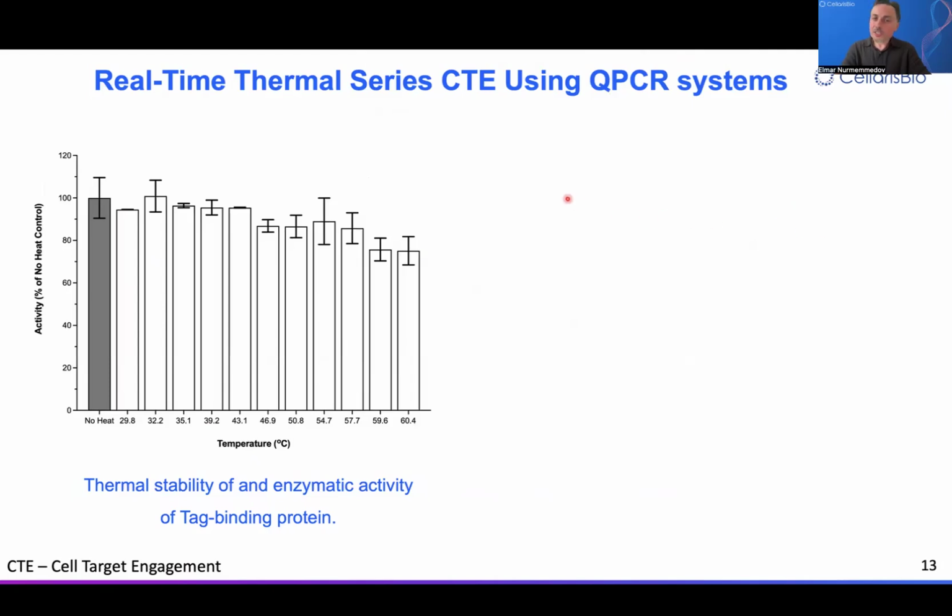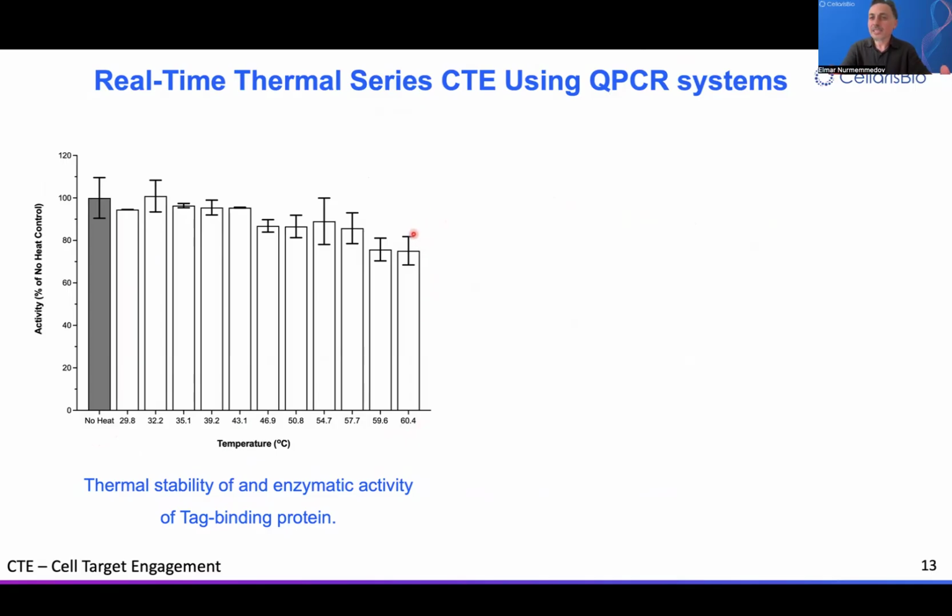The large subunit of this real-time cell target engagement system is highly thermally resistant, and we have done the test. When you increase temperature from 25 to 60, 65 degrees, you only have a loss of around 10% in its enzymatic activity.